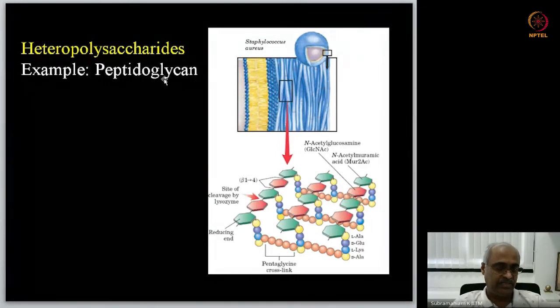So glycan means a long chain of monosaccharides. Since they have peptides attached to them, they are called peptidoglycans. These peptidoglycans form the major cell wall component of bacteria.